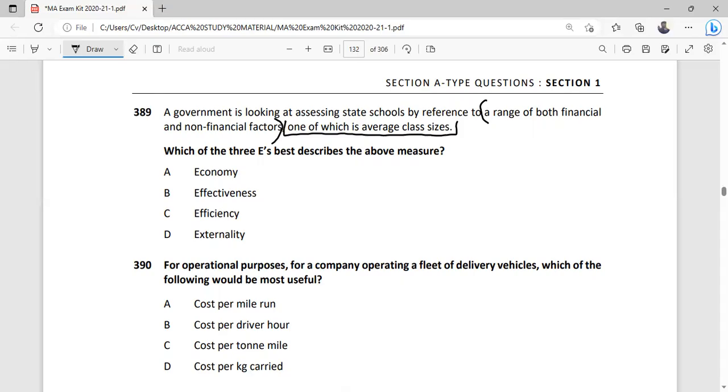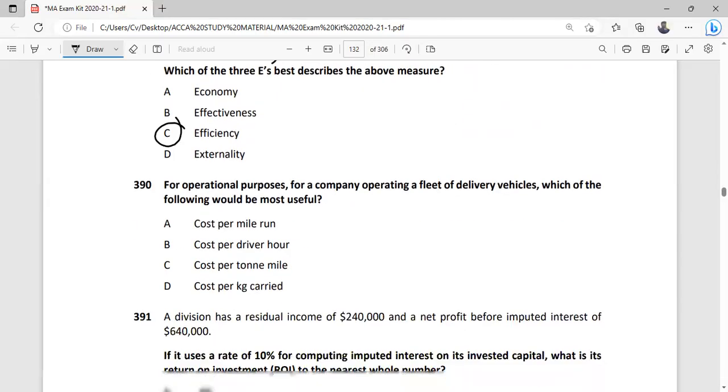We are saying that one of which is average class size. Class size means either we are fully utilizing the capacity of the class or we are not utilizing our capacity, meaning capacity is underutilized. If capacity is properly utilized, we can say that we are performing efficiently. But if capacity is underutilized, we will say that we are not performing in an efficient way. Any question?